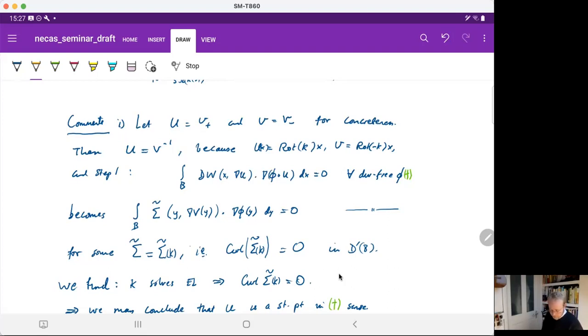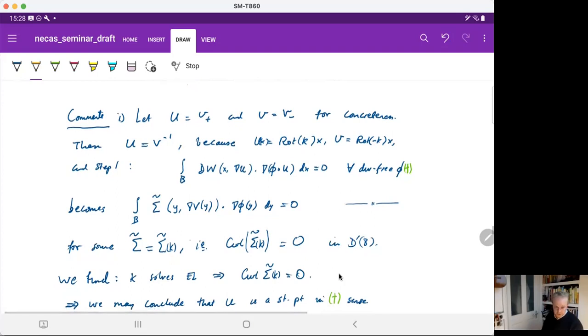But the nice thing about it is that because these two maps are self-inverse, the thing you have to check is just a problem of checking something that depends only on K. So that's why I've written sigma tilde K here. In other words, you have to check that the curl of sigma tilde vanishes. And in practice, you find that that can be done.